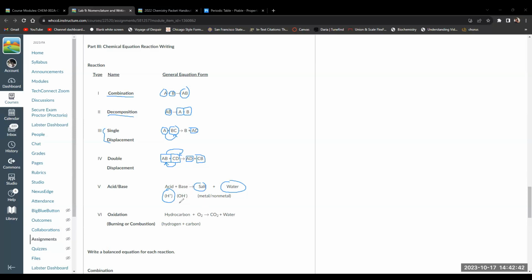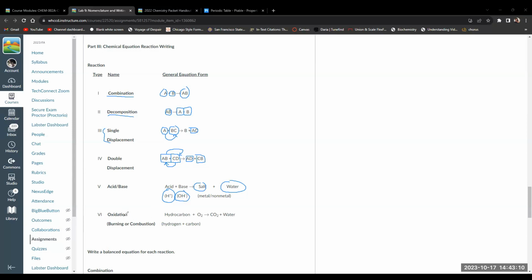And bases are more represented with OH. This is actually a polyatomic known as hydroxide, and it can be found in your sheet. So H plus is often associated with an acid, and hydroxide is often associated with a base.